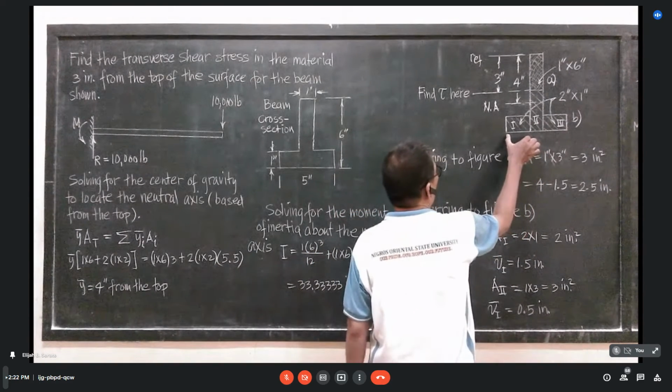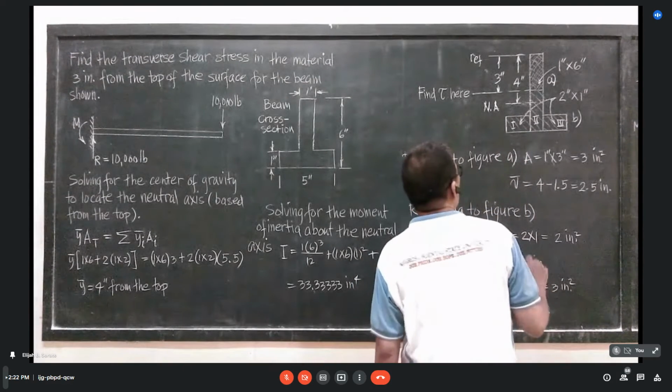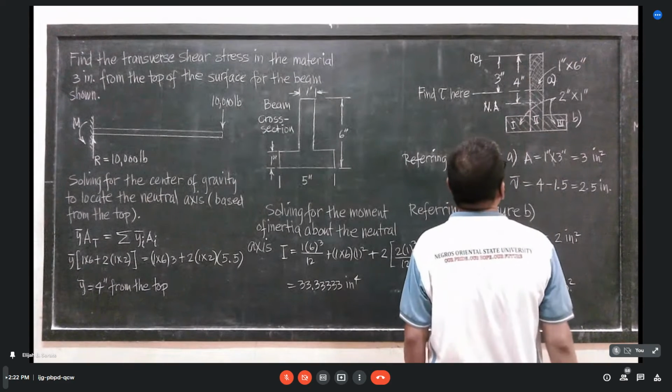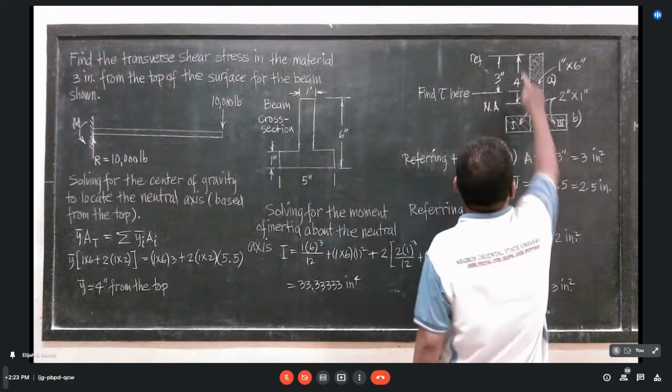Area is 2 by 1. What is the centroid of this from our reference? 0.5, sir. This is our reference, ha?